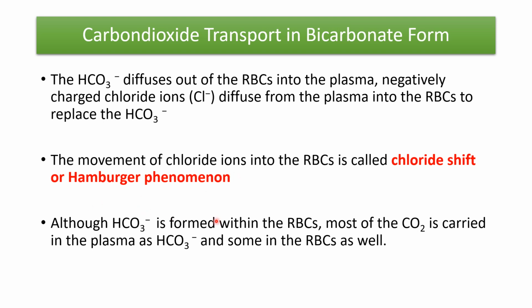Although the bicarbonate is formed within the RBCs, most of it diffuses out, so it is carried in the plasma as bicarbonate, and some of it remains in the RBC and is transported from there as well.